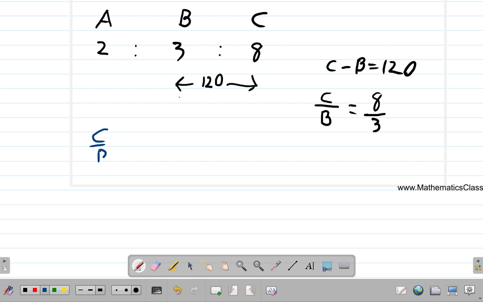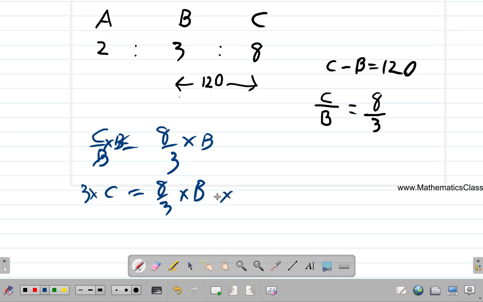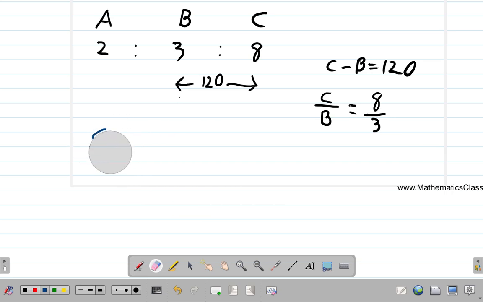If C divided by B is equal to 8 divided by 3, and you multiply both sides by B, B cancels B, and you have C equal to 8 divided by 3 times B. Then if you multiply both sides by 3, 3 cancels 3 here, so you have 3C is equal to 8B. Same thing if you cross multiply here.